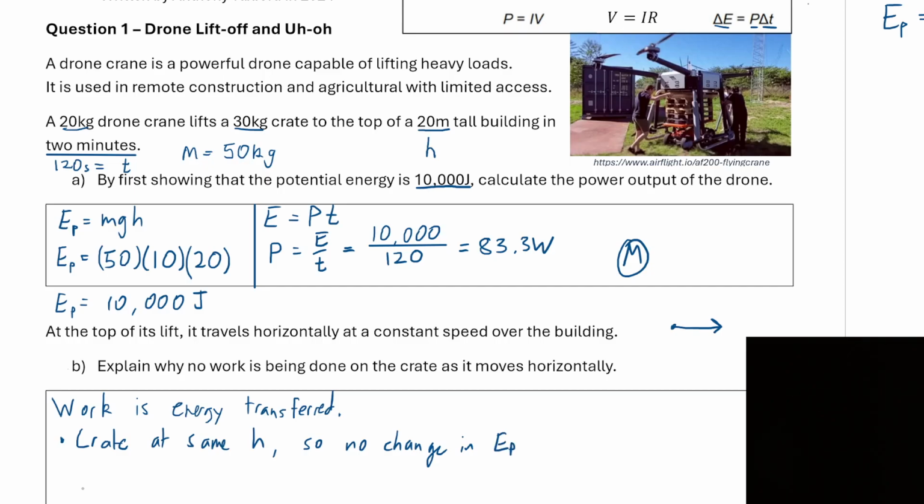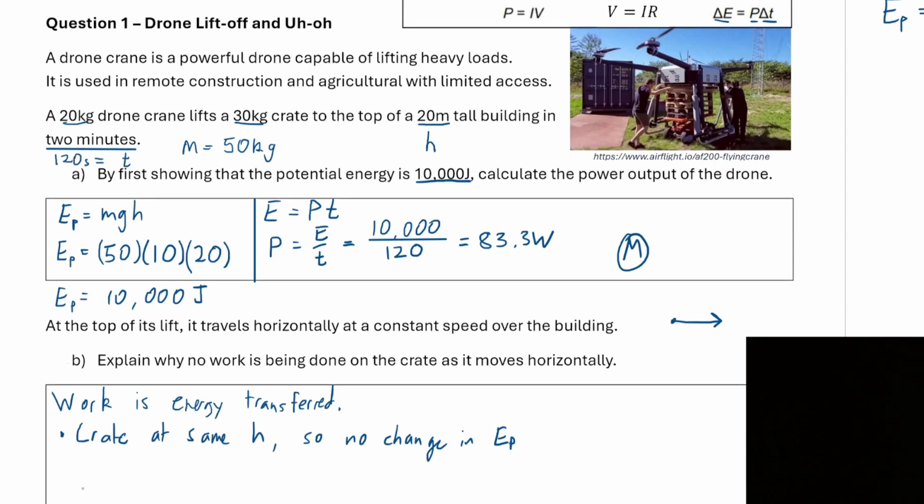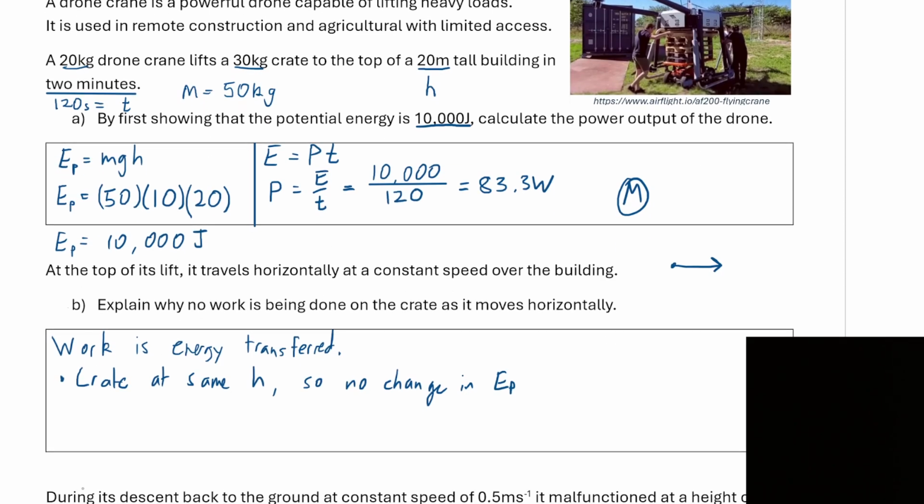Right, it's not gaining or losing potential energy. Okay, but does it have potential energy? Yeah, it does. Right, it's 20 meters above the ground and it's got a mass, but it's not gaining or losing potential energy. Okay, that's just one perspective.